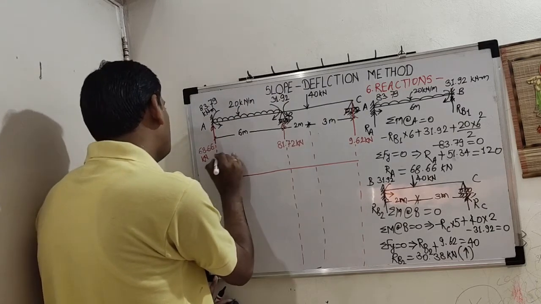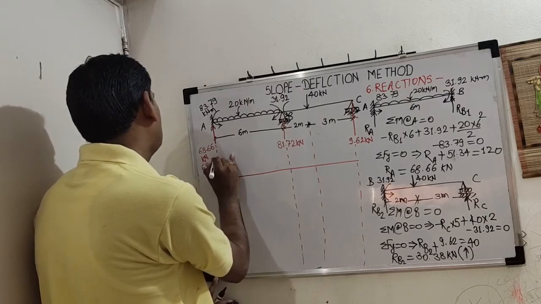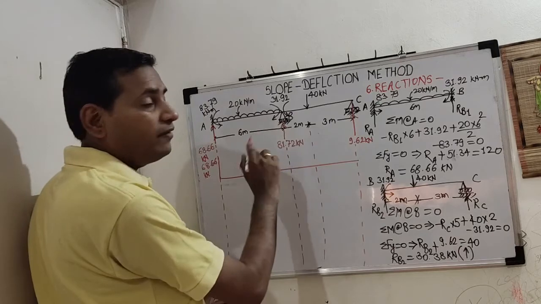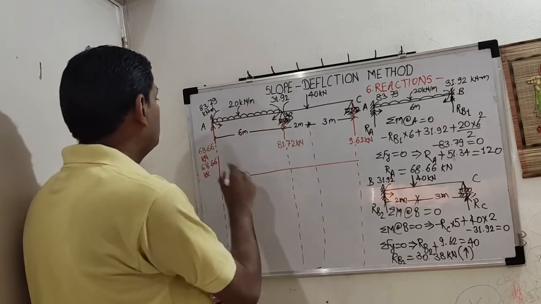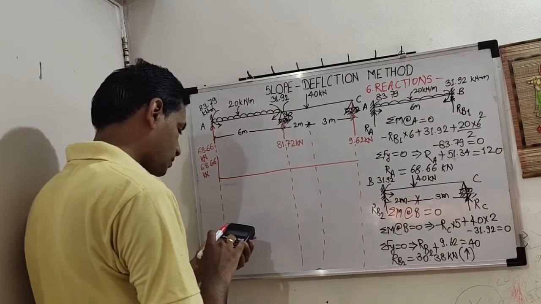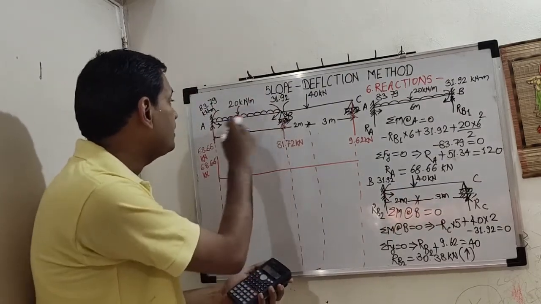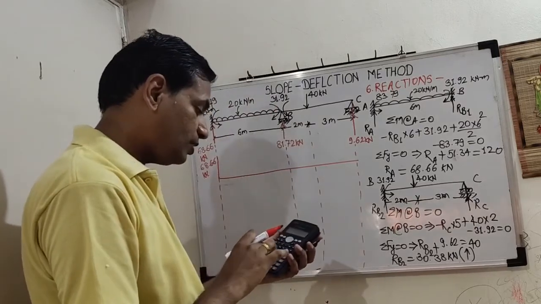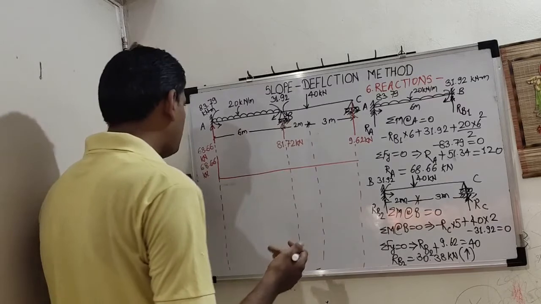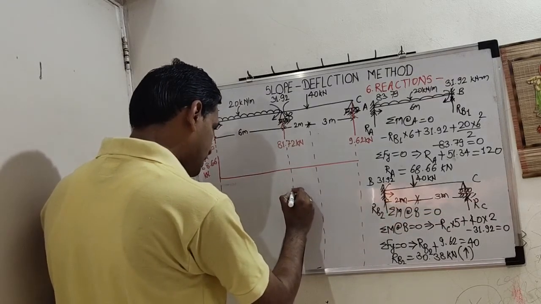I will draw now the ordinates. So this is 68.66. Shear force on the left side of B: 68.66 minus the loading on the left side of B, 20 into 6, that is 120. So that will be minus 51.34. So 51.34 below the reference line.